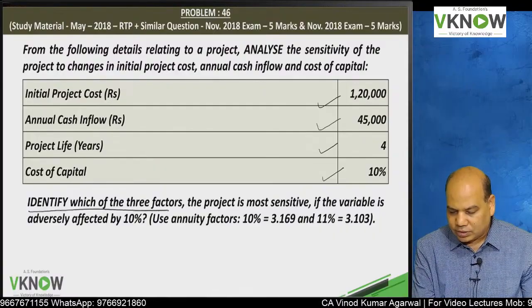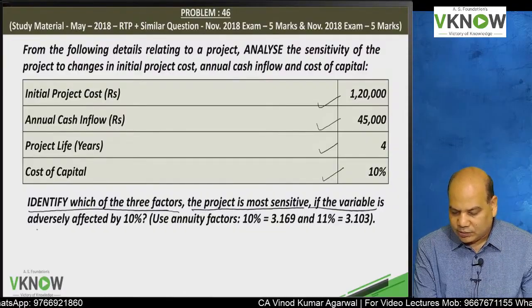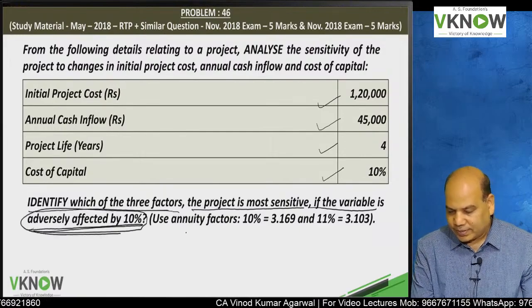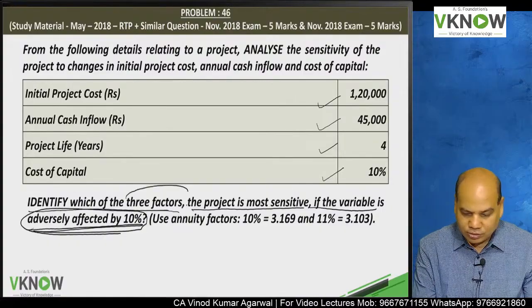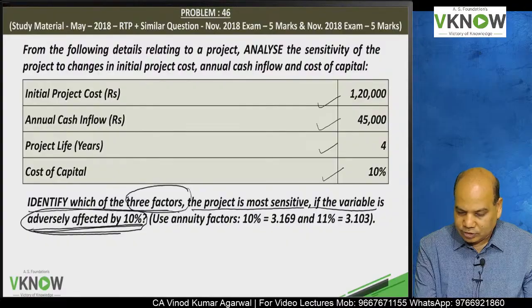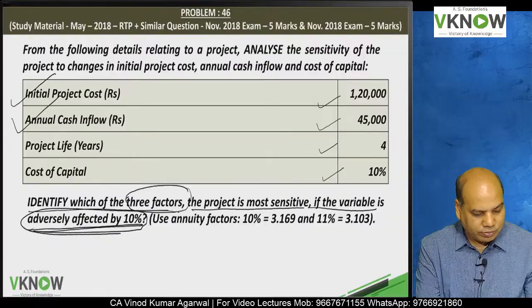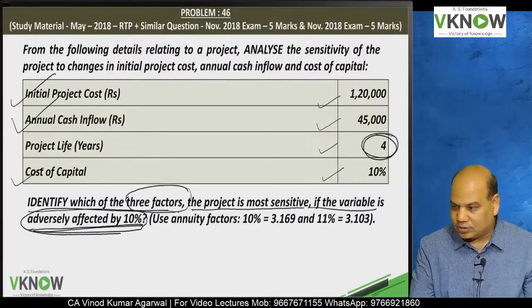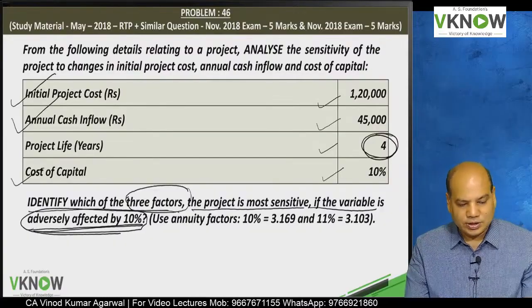Identify which of the 3 factors the project is most sensitive to if the variable is adversely affected by 10%. We are going to take initial project cost, annual cash flow, and the cost of capital. We will keep the life of the project, 4 years, constant.